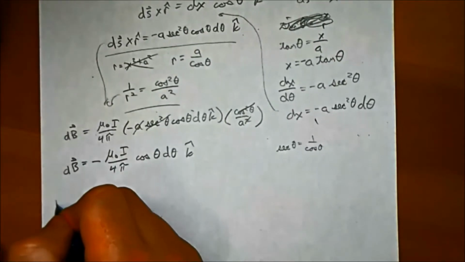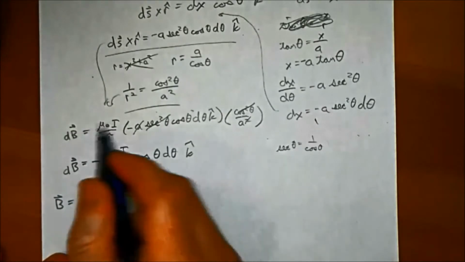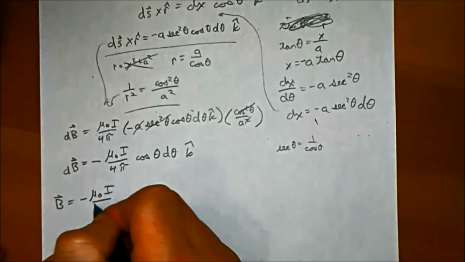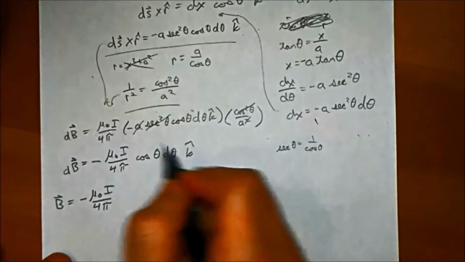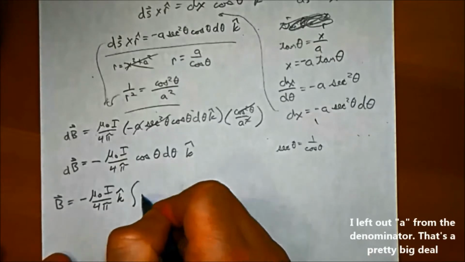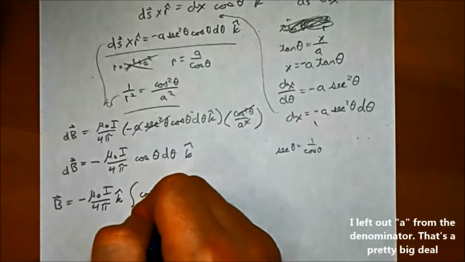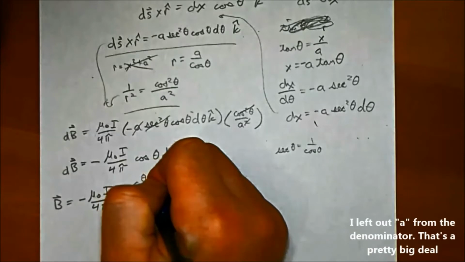Now the next thing we need to do to find the total field is we integrate. So I'm going to leave all the constants to the outside. Negative mu naught I over 4 pi. And I know we get used to putting the unit vector on the end, but I'm going to move it out here, which is okay, just so I can keep all my integral stuff to the right-hand side. And we're going to integrate from theta 1 to theta 2.